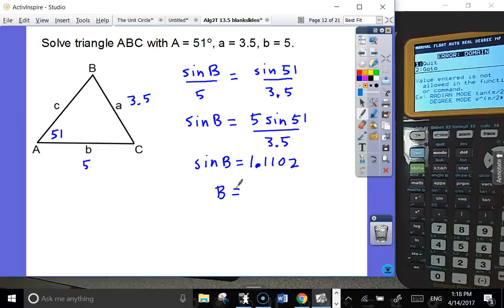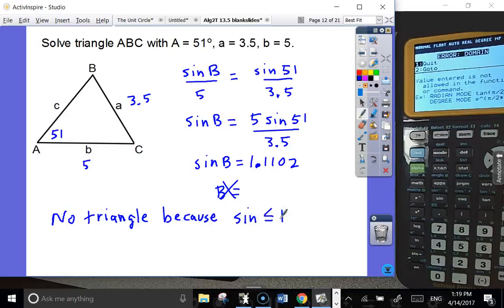So you're going to have to say no triangle, because sine is less than or equal to 1.